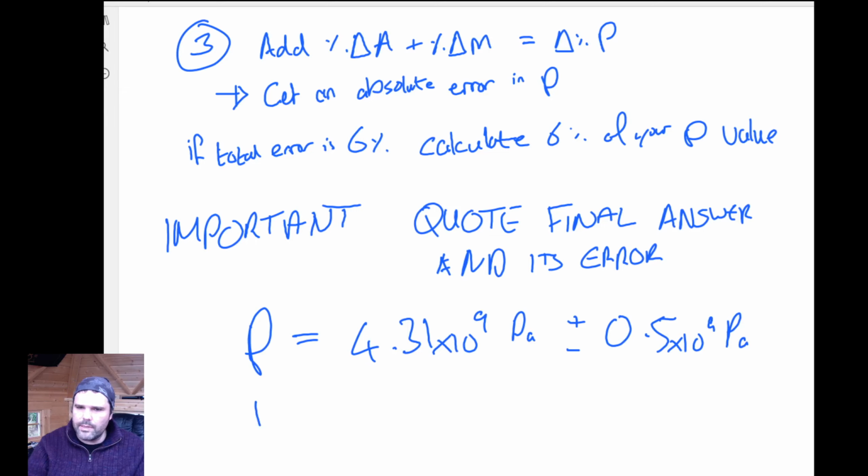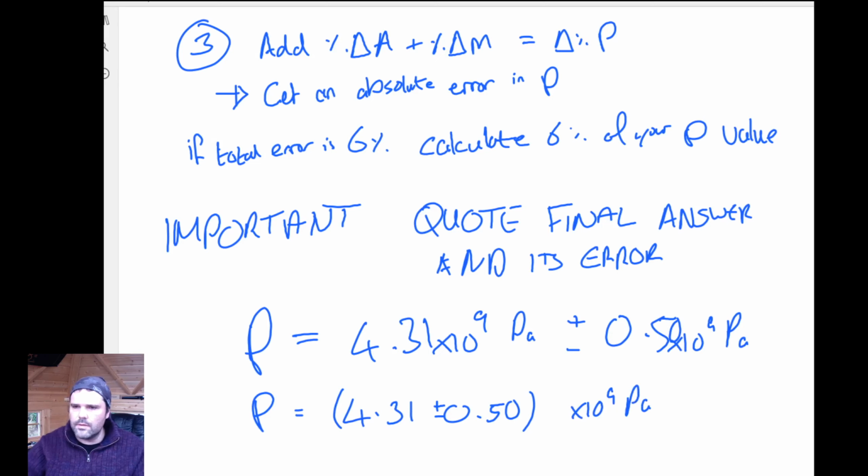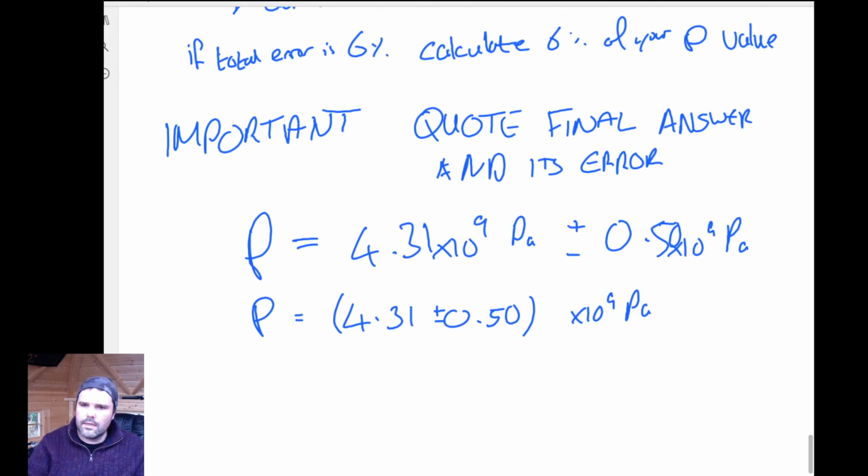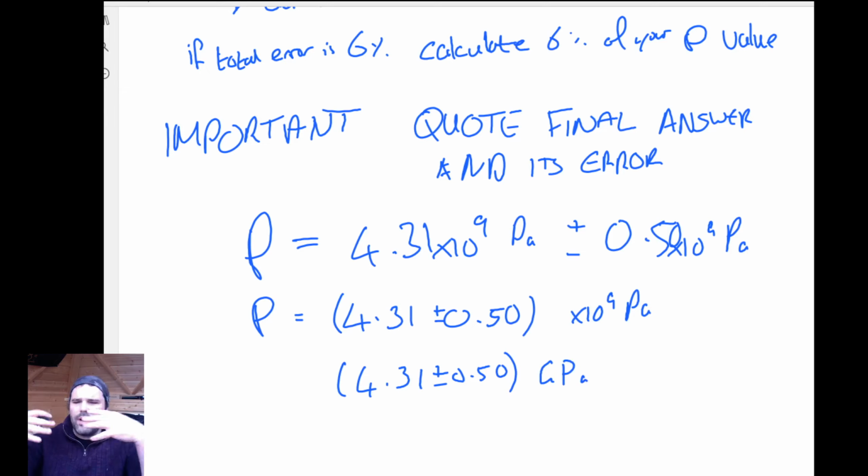So perhaps it would be neater to go 4.31 plus or minus 0.50, times 10 to the 9 pascals. Or you could say 4.31 plus or minus, so that the plus or minus is in the same unit, same number of significant figures, same level of precision, instead of times 10 to the 9, gigapascals, or whatever your value is.